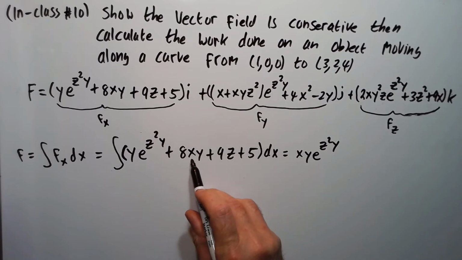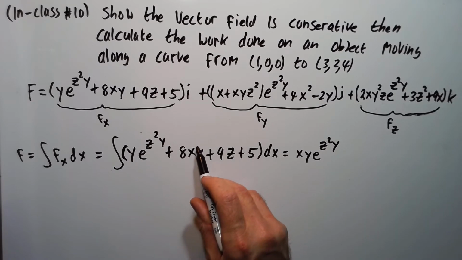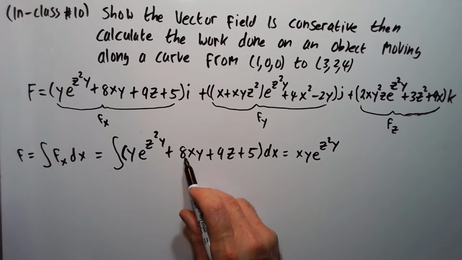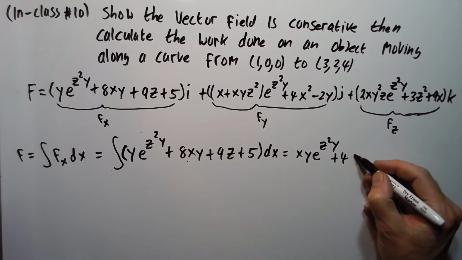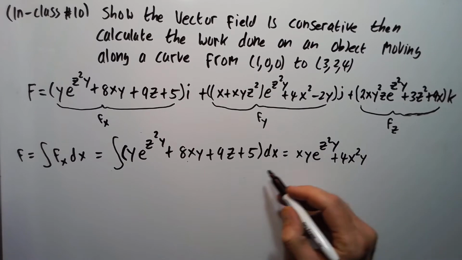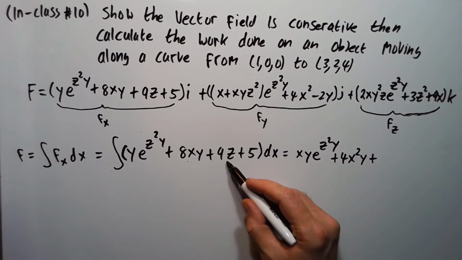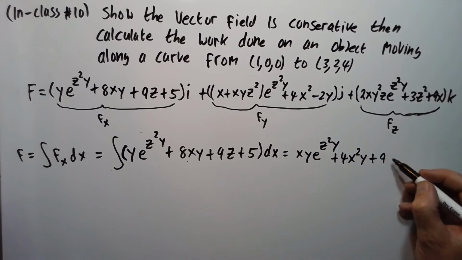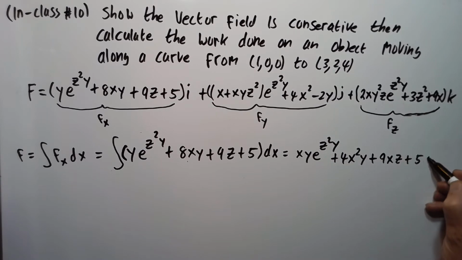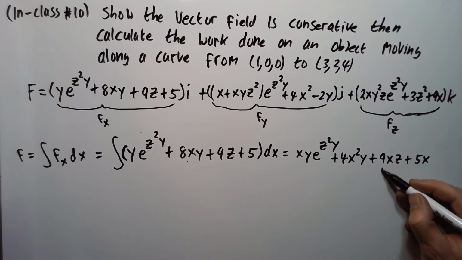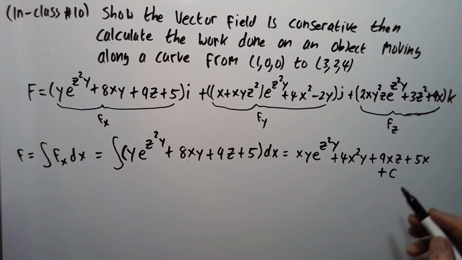Then integrating 8x would be x squared over 2, so the 2 will cross off and it will be 4x squared y. This is like a constant here, so it'll be 9xz, plus 5x, plus some constant.